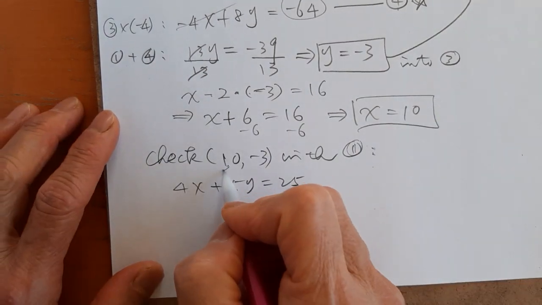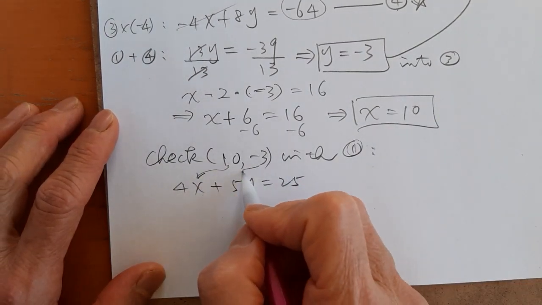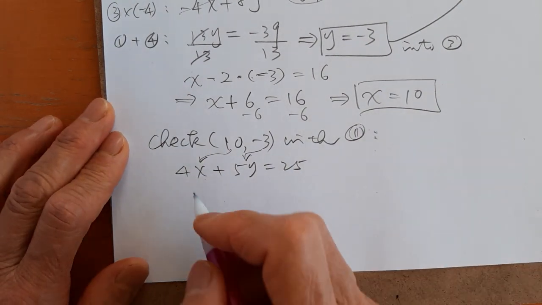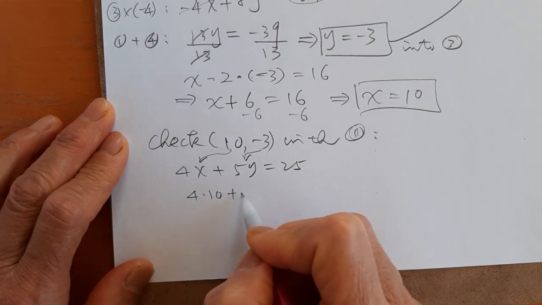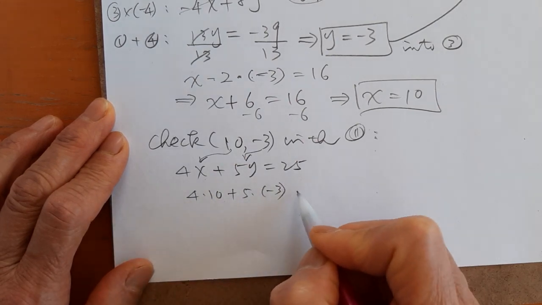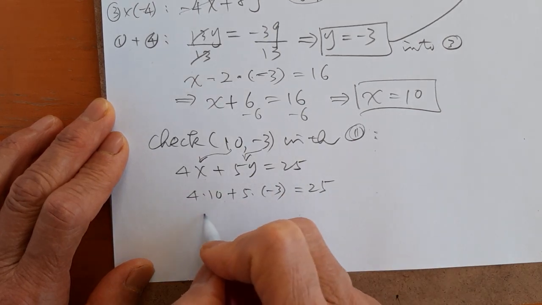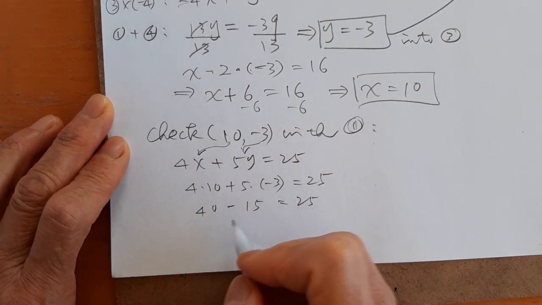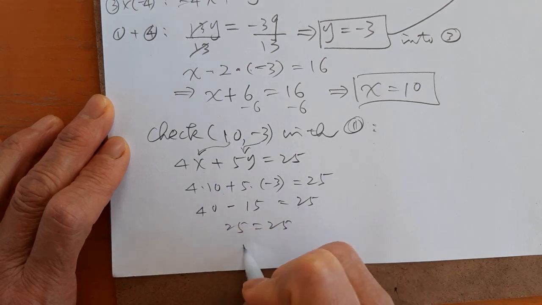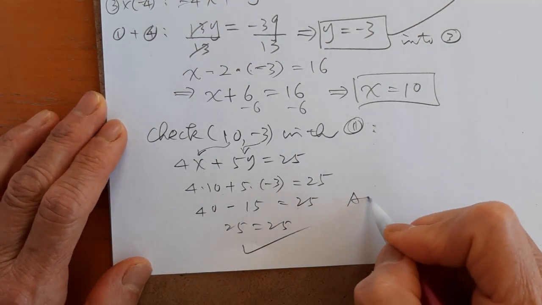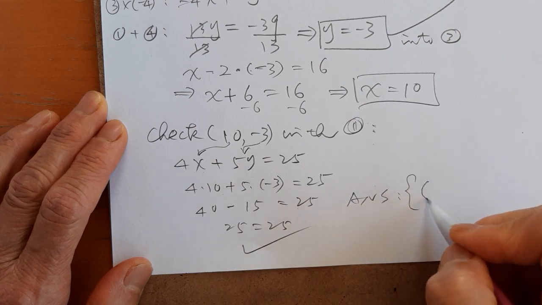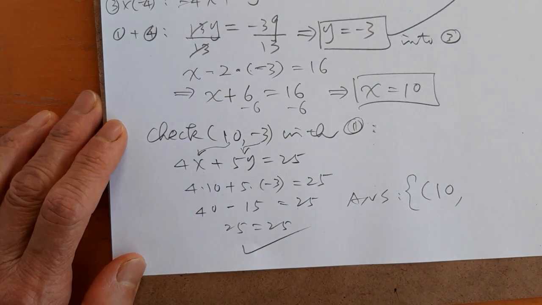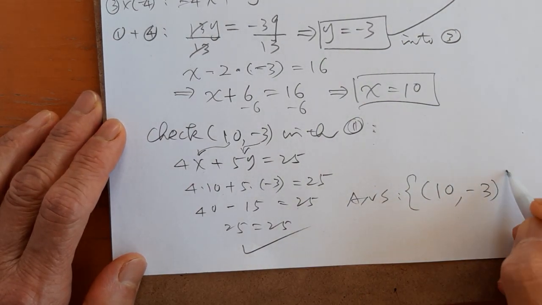So you plug in 10 for x and negative 3 for y. 4 times 10 add 5 times negative 3, see whether it equals 25 or not. 40 minus 15 is 25, equals 25. It checks. So the final answer is x coordinate 10, y coordinate negative 3. It's the solution.